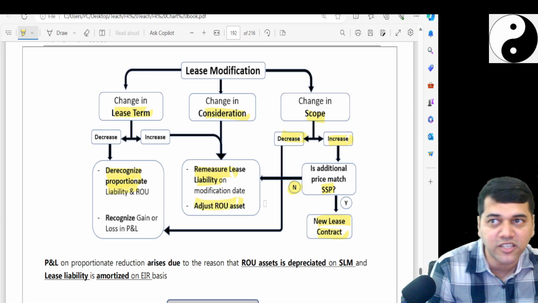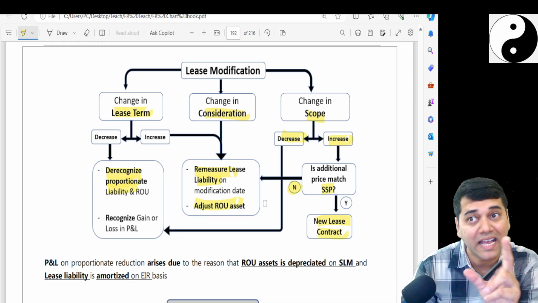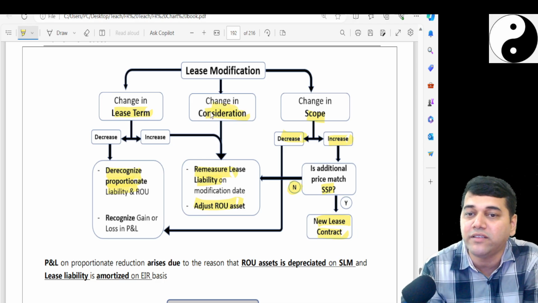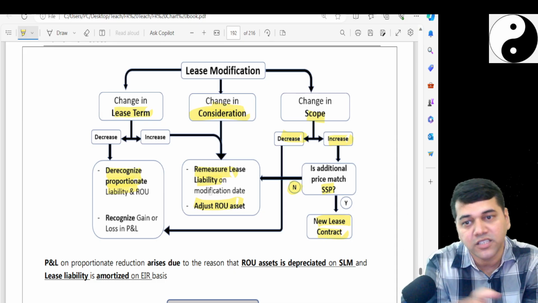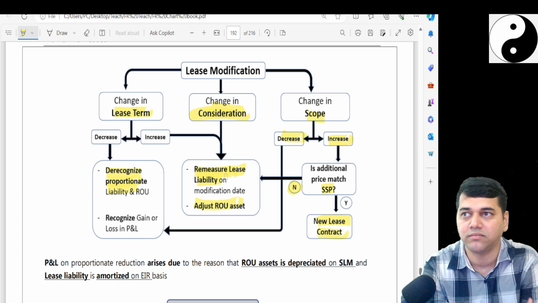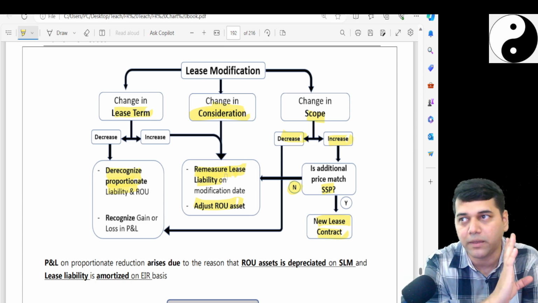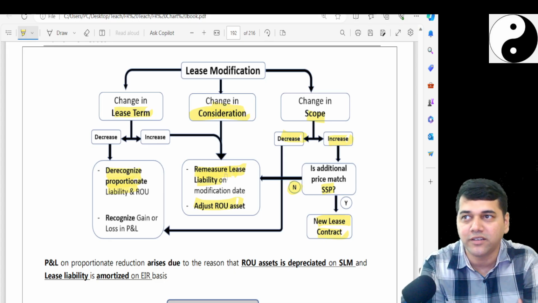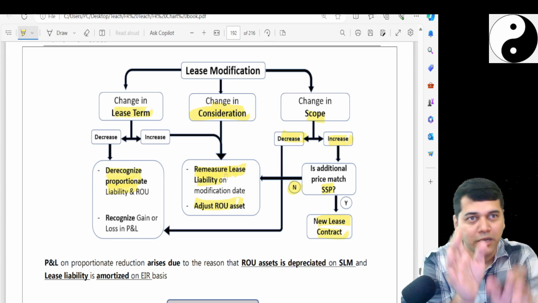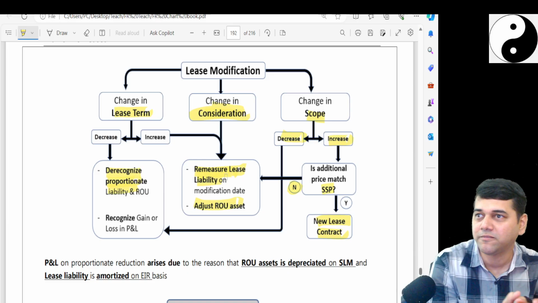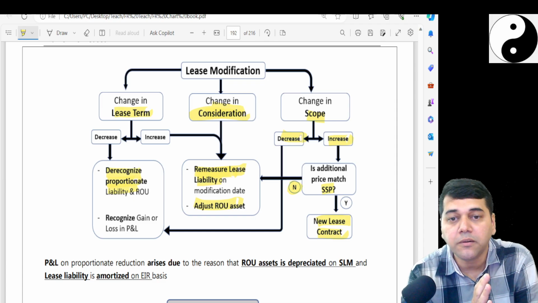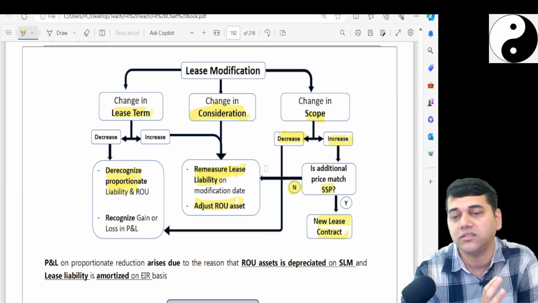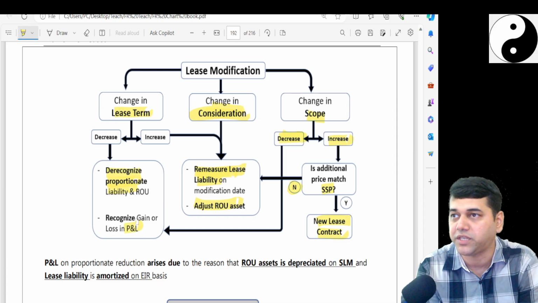You got an additional space, but the price is adjusted with the existing. That means you have played with the consideration there. Simple. If you play with the consideration, remeasure your liability, no P&L. I'm not going to allow the P&L to happen, because I know that you would have played with the consideration there to give the timing effect to the P&L. If the scope got decreased, definitely P&L is going to come into the picture.